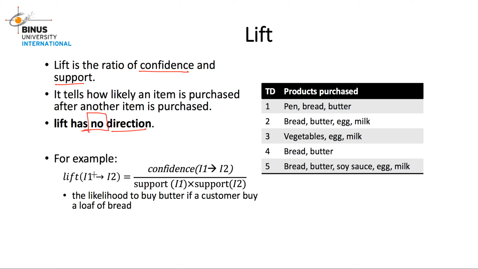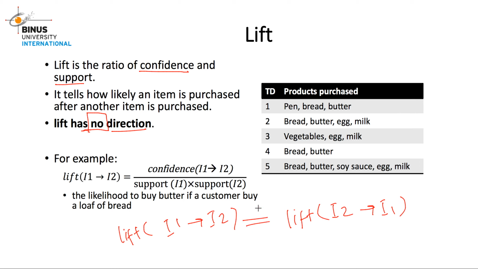So if you calculate the lift of item 1, then item 2, and the lift of item 2, then item 1, these two are equal. Why? Because they have no direction, so this is the same. Okay, the likelihood to buy butter if a customer buys a loaf of bread. This one, and then this one.